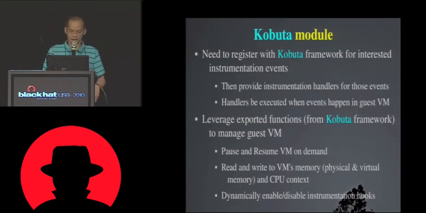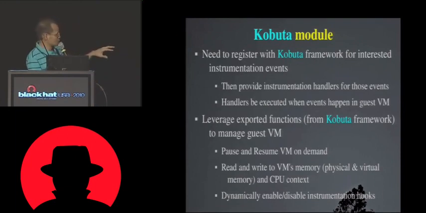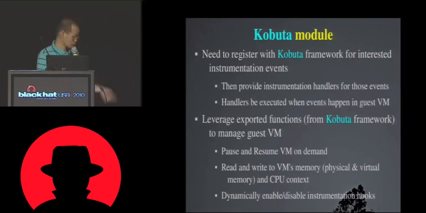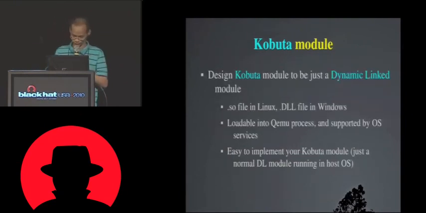Our module also needs to access the virtual machine. From the Kubota module, we need to pause or resume the virtual machine on demand. We need to read and write virtual machine memory, access the CPU context of the virtual machine, and dynamically enable or disable instrumentation hooks. So how do we do that? We build the Kubota module as just a normal dynamically linked module.